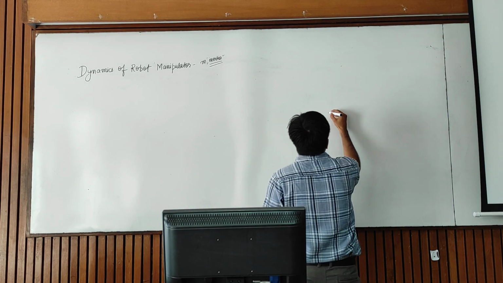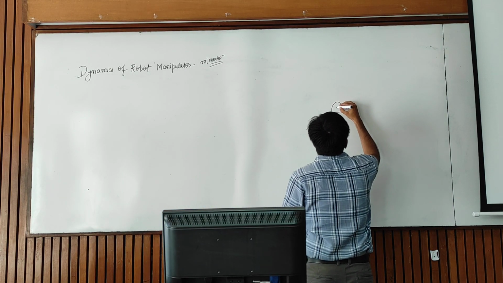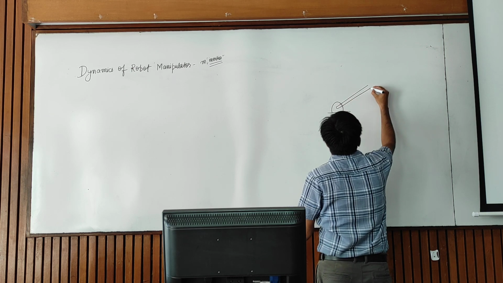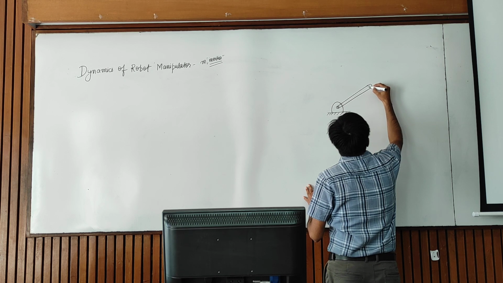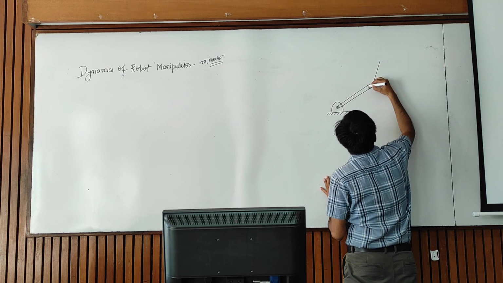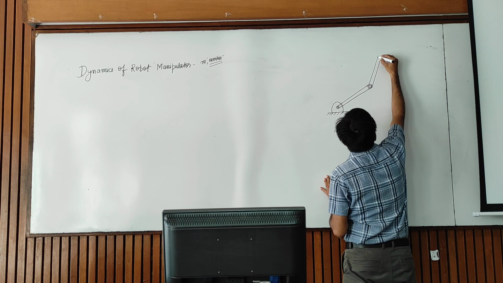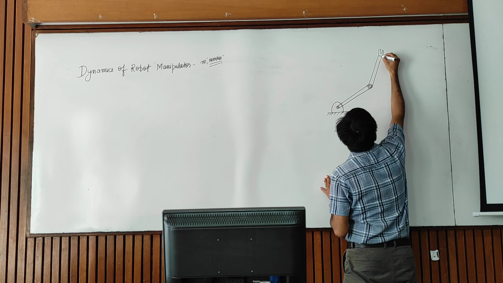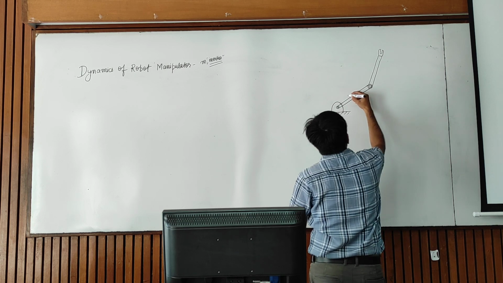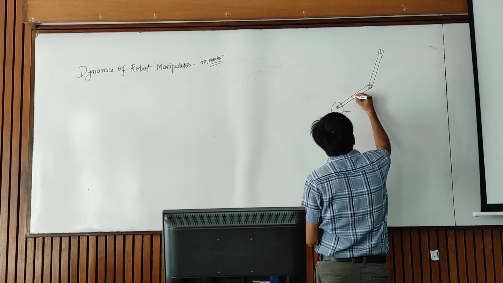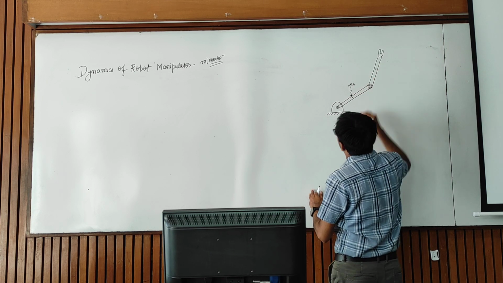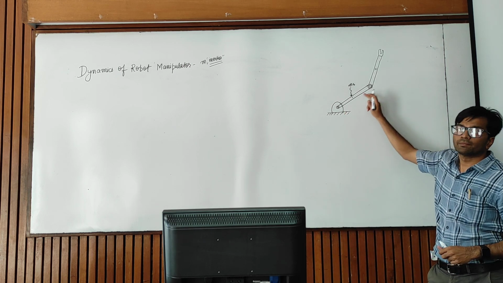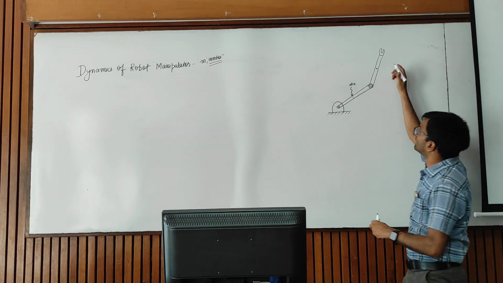So let us suppose I have the same 2R manipulator. Now this possesses mass 1, and the center of mass of this link is at the middle of the link, for both links.